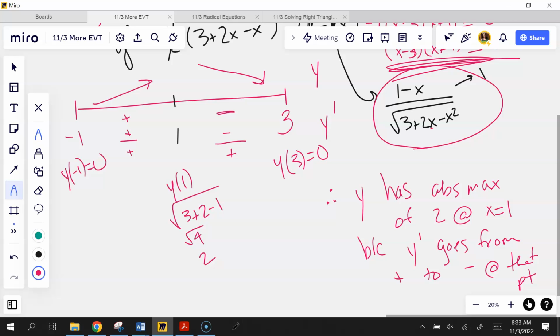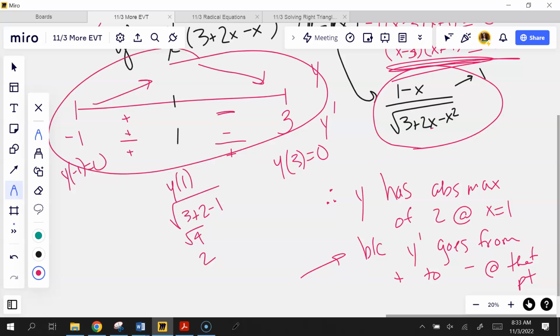They used to say that this was enough justification and you could leave it. And recently they've changed and said no, they want you to be able to interpret your sign chart, which is dumb. So make sure you can explain that because the derivative changes signs from positive to negative, there's a maximum occurring, and whenever you test those endpoints and all.